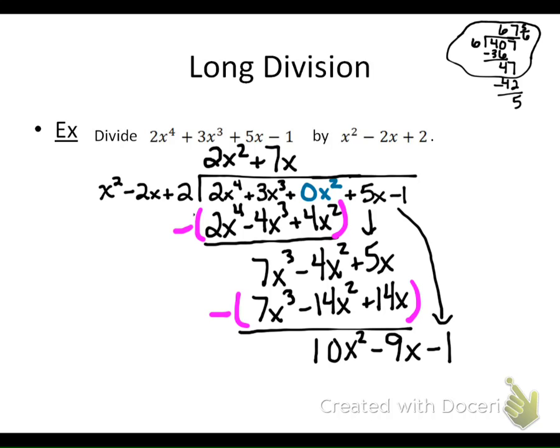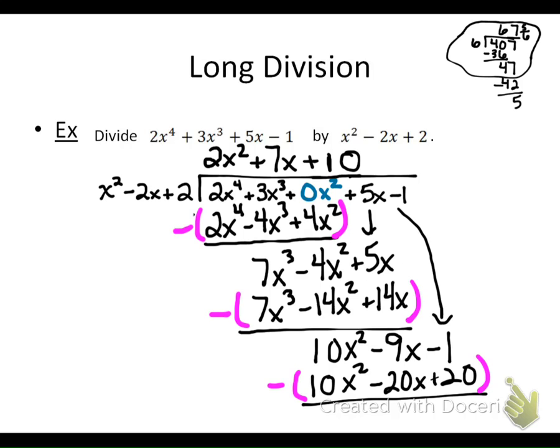What multiplies by x squared to give me a 10x squared? And I write it down. Multiply 10 throughout the divisor and write it below. Subtract the product. Notice what's left.